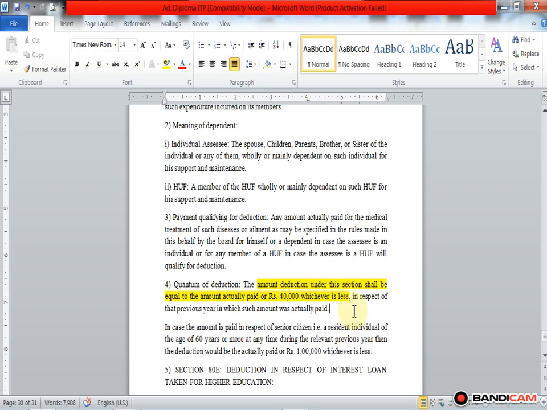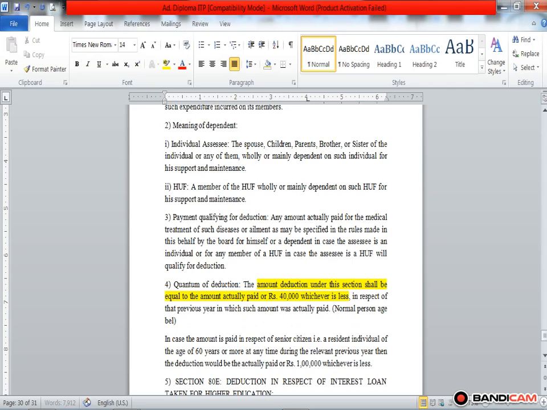In case the amount is paid in respect of a normal person, which means age below 60 years, the allowable deduction is actual expenditure incurred on medical treatment or rupees 40,000, whichever is less or lower.